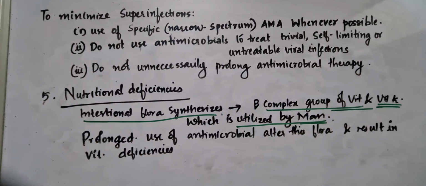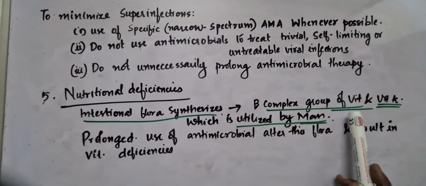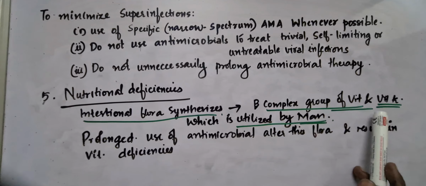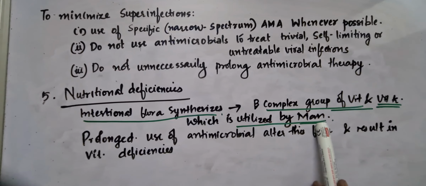So the next adverse effect is nutritional deficiencies. We know that the intestinal flora synthesizes some of the B complex group of vitamins and vitamin K, which is utilized by man.